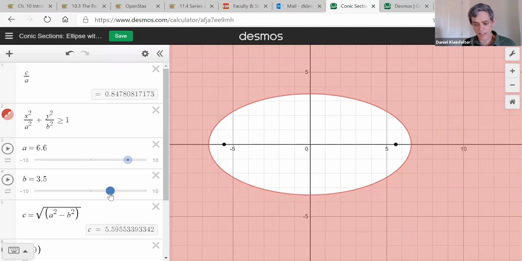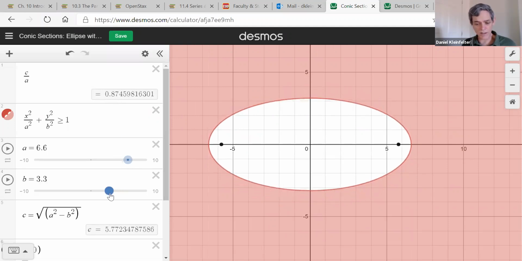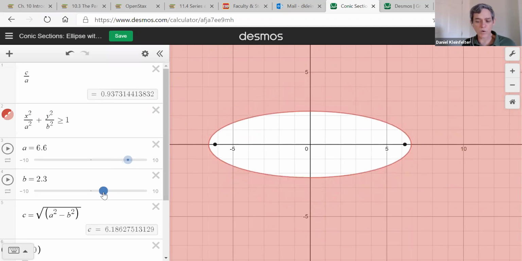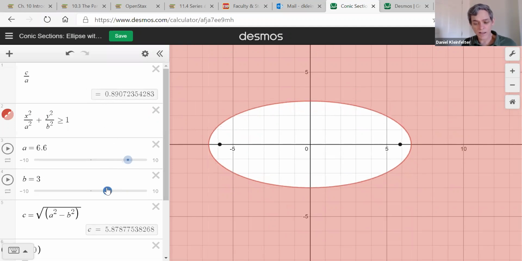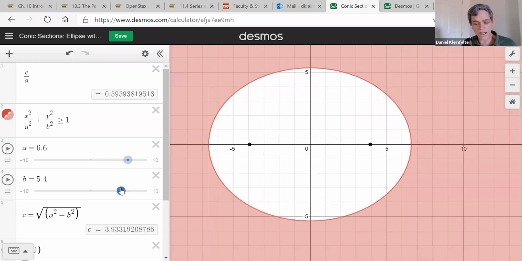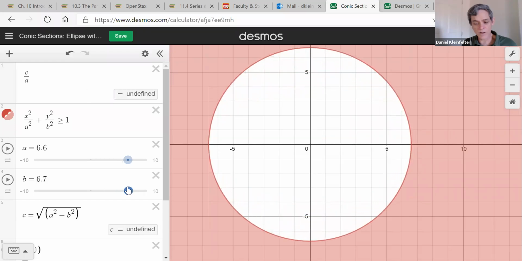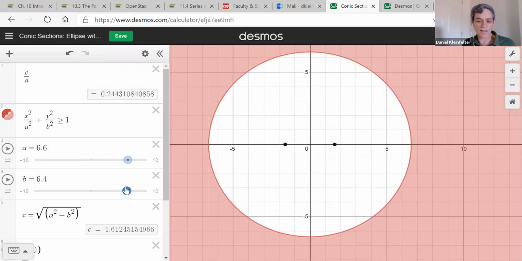If we change the B, that will also change the squashedness of the ellipse. Now the foci are practically at the vertices, and the eccentricity is 0.93. So if we change that, the foci will get closer and closer to each other, and the thing looks more and more circular.